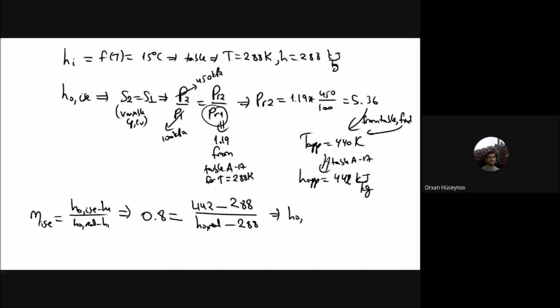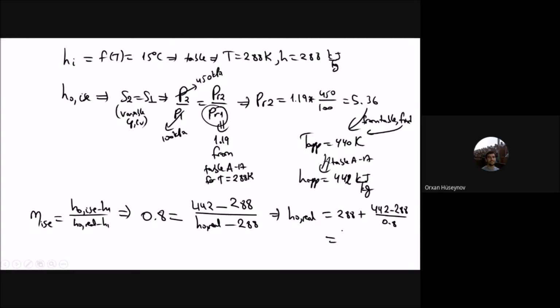So therefore, real enthalpy will be equal to 288 plus 442 minus 288 divided by 0.8.